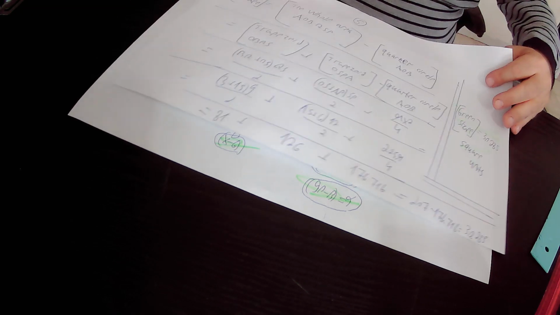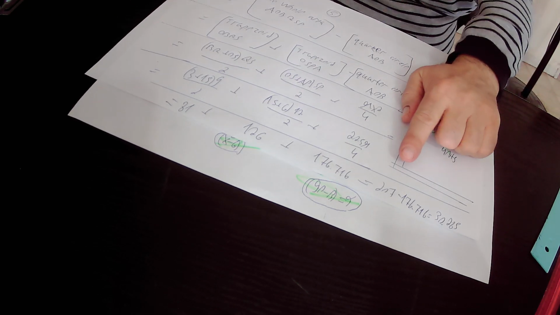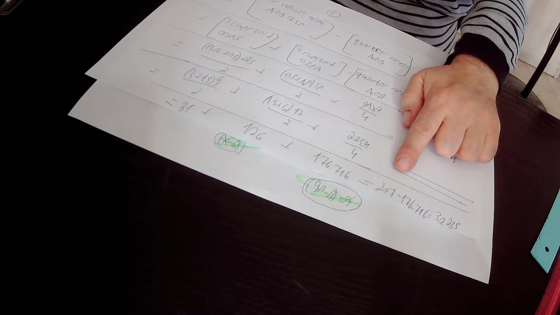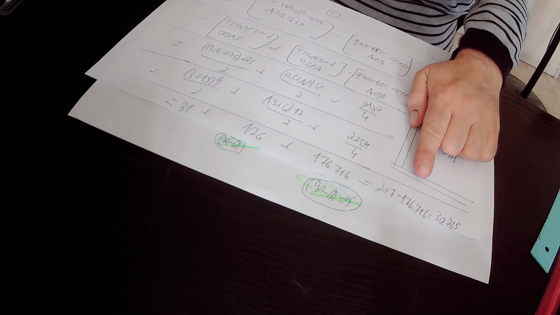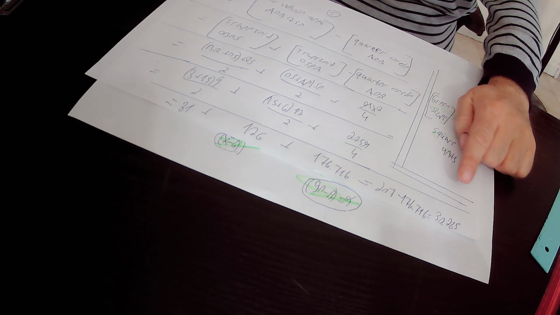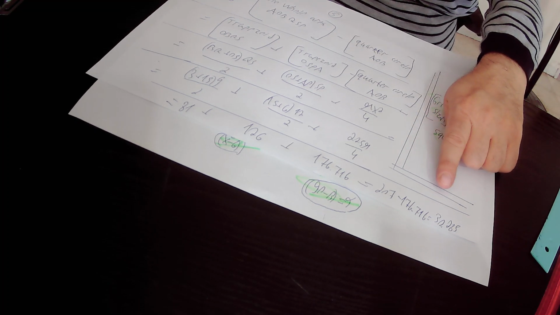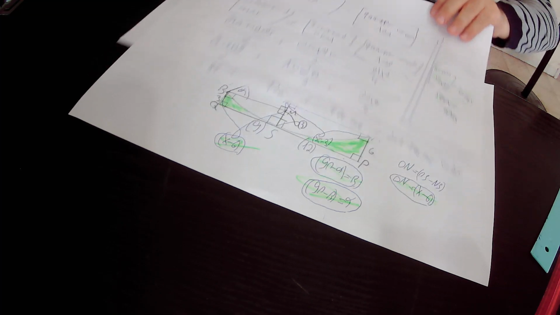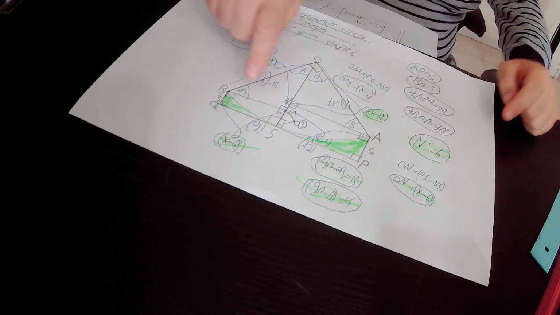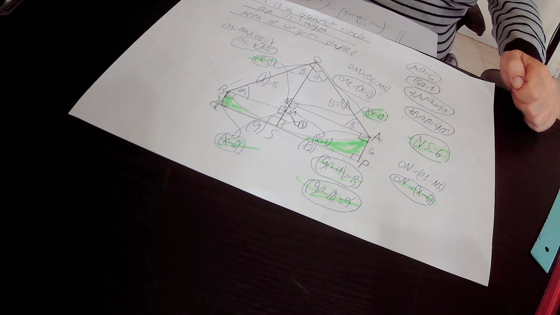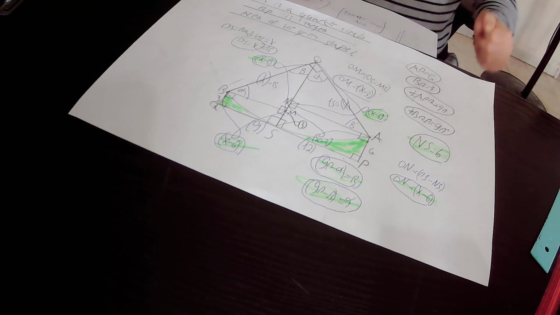So 207 minus 176.716 is 30.285 square units. In conclusion, the area of this green shape equals 30.285 square units. Okay, thank you very much.